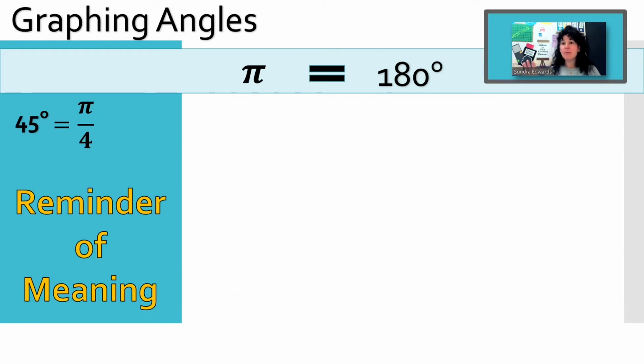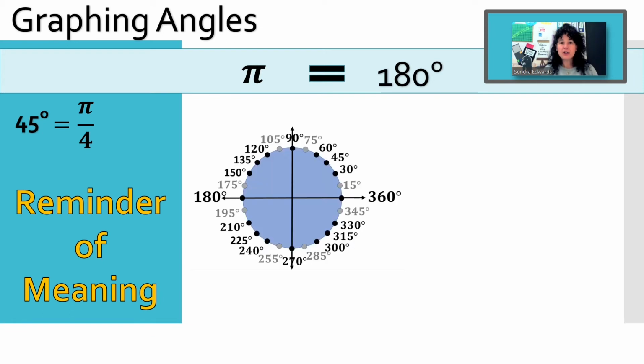Before we move on to evaluating some trig functions at angles that are really large and really small, I want to take this opportunity to remind you how to graph an angle, specifically in degrees and really emphasizing radians. If I wanted to graph 45 degrees, since it's a positive angle, you want to rotate counterclockwise.